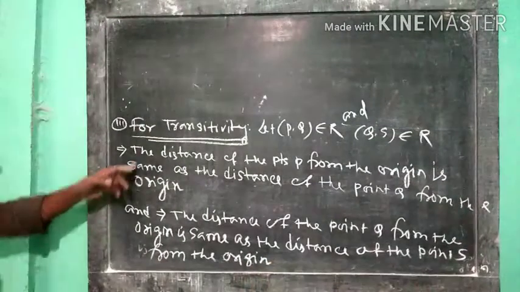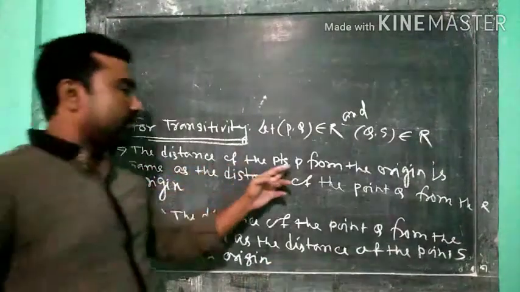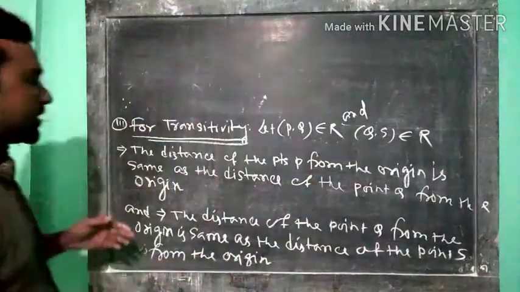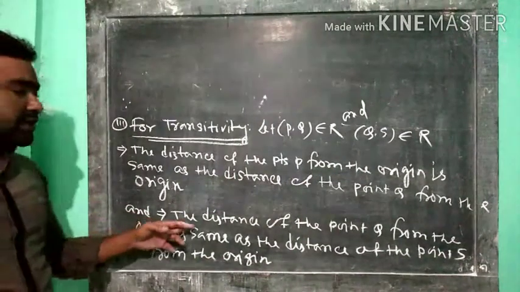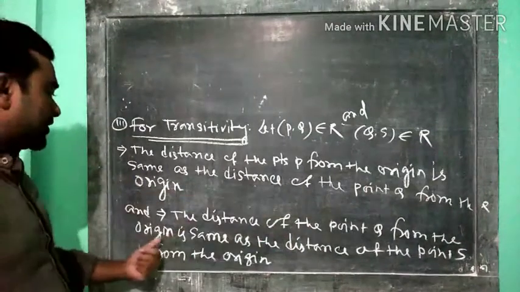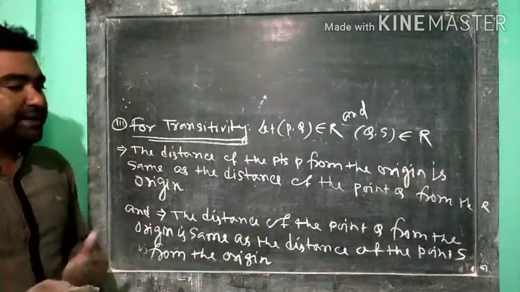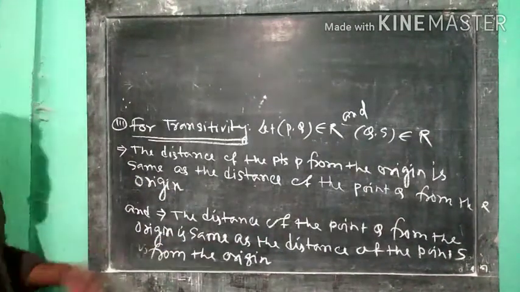So here, the distance of the point P from the origin is same as the distance of the point Q from the origin, and here the distance of the point Q from the origin is same as the distance of the point S from the origin.